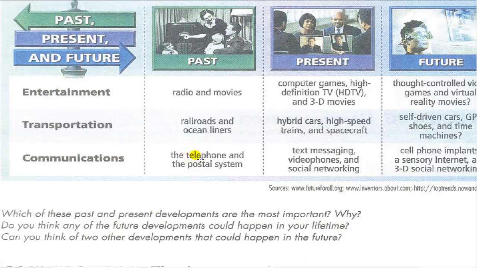The telephone for communication was very important because you can talk to anyone. A person who lives in the USA, you can talk to him and you are in Egypt. So that was a great invention. After the telephone, that was the beginning for having, of course, the cell phone or the mobile.